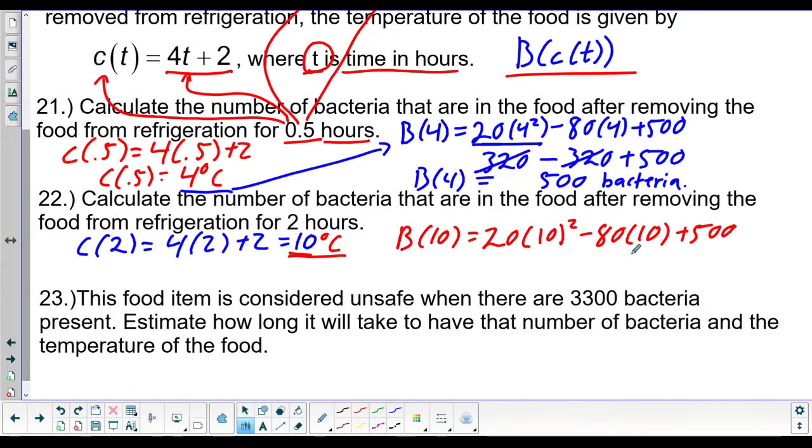Now we need to simplify this. 10 squared is 100 times 20 is 2,000. 10 times 80 is 800. So this is going to be minus 800 plus 500. Then I would just type this whole thing into your calculator. So 2,000 minus 800 plus 500. That gives us a total of 1,700 bacteria.